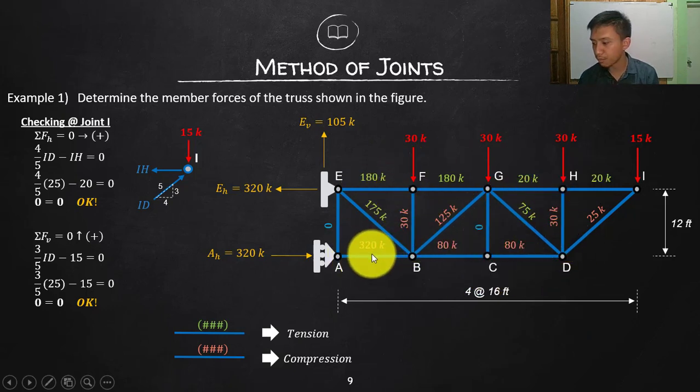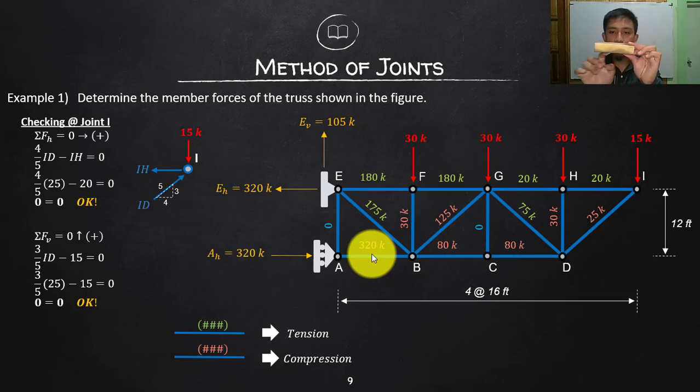Just imagine, just like your mechanics, if this is the truss, let's say that it is solid, but of course let's imagine that it is the truss. If you will be loading these ones by forces going down, that will bend your truss that way.